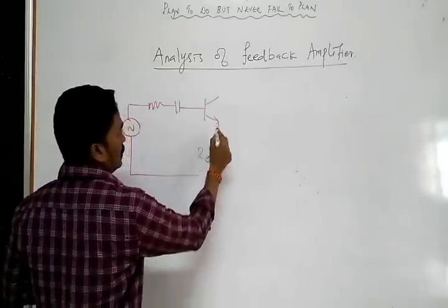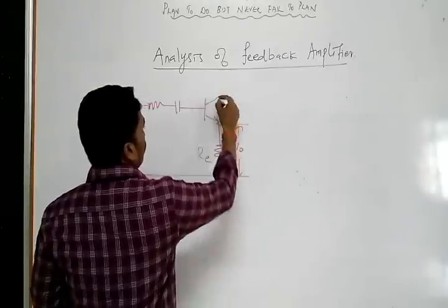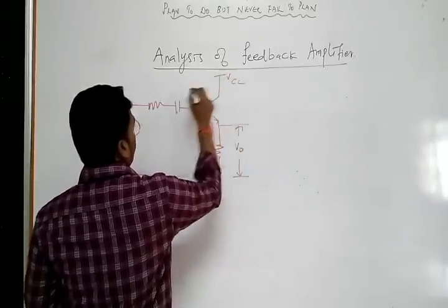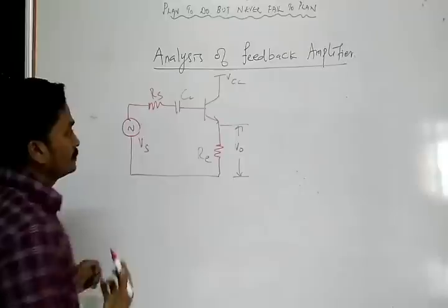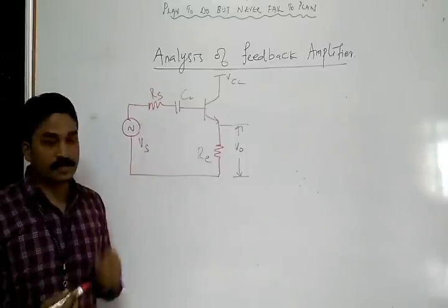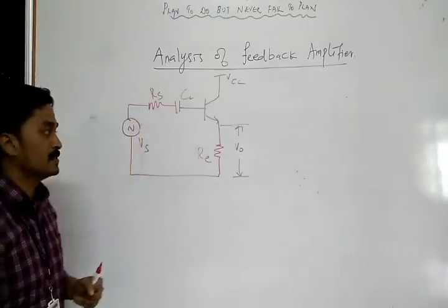So this is your RE, and we'll take the output V0 across this. This is your VS. Let us take this simple circuit and investigate how to analyze the feedback amplifier.